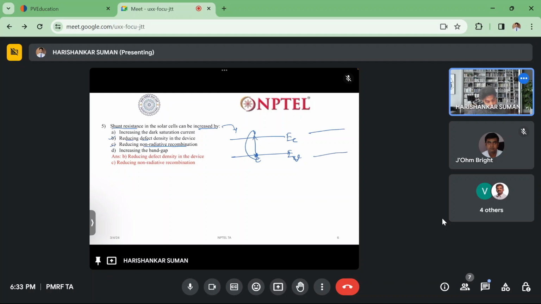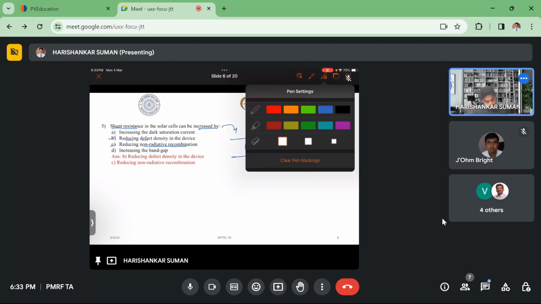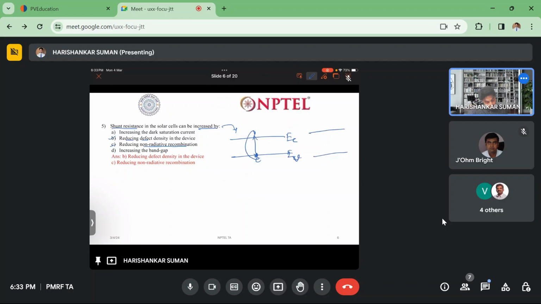But in between, shallow traps or deep traps are also there, and a transition happens between them. So shunt resistance is less, while otherwise shunt resistance is high.